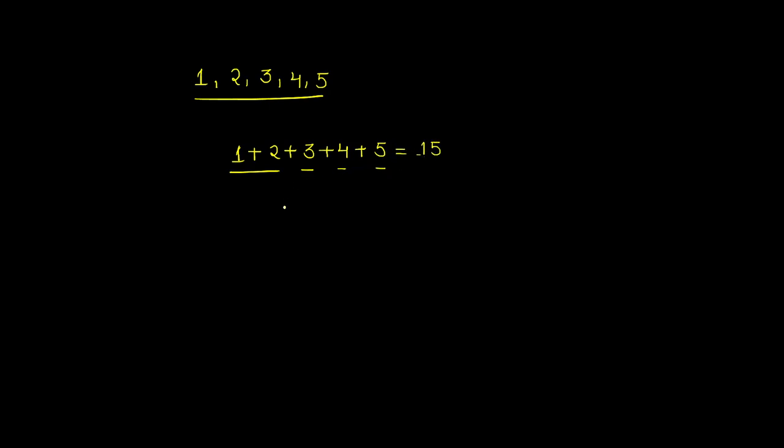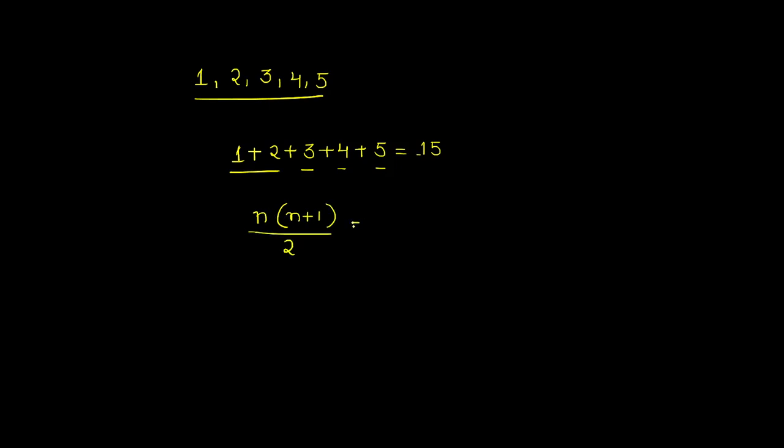See, let's suppose I have the first 5 natural numbers: 1, 2, 3, 4, 5. Let me calculate their sum. That will be 15. Let me try to check with this formula here: n into n plus 1 divided by 2.